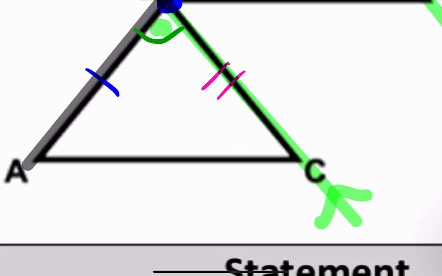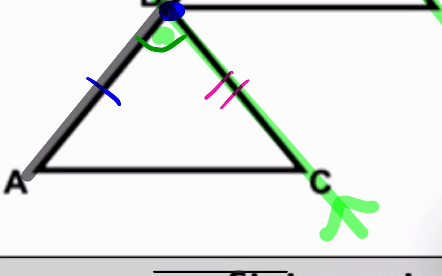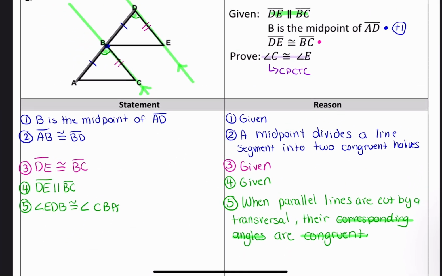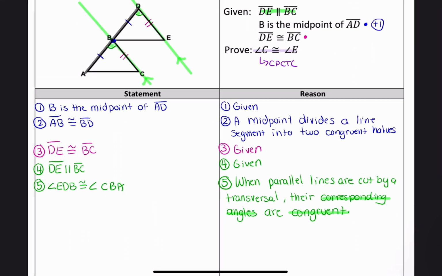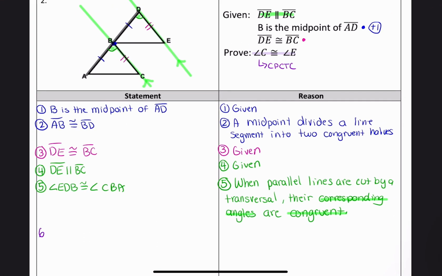If I zoom into this triangle, I clearly have side angle side. So I can prove those two triangles are congruent. Now keep in mind, that's not what they asked me to do, but that's what I need to do first. So now I can say that triangle DBE is congruent to triangle BAC because of side angle side being congruent to side angle side.